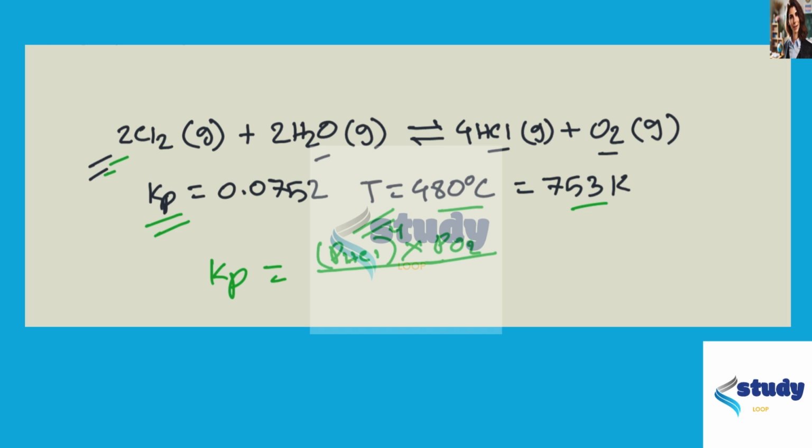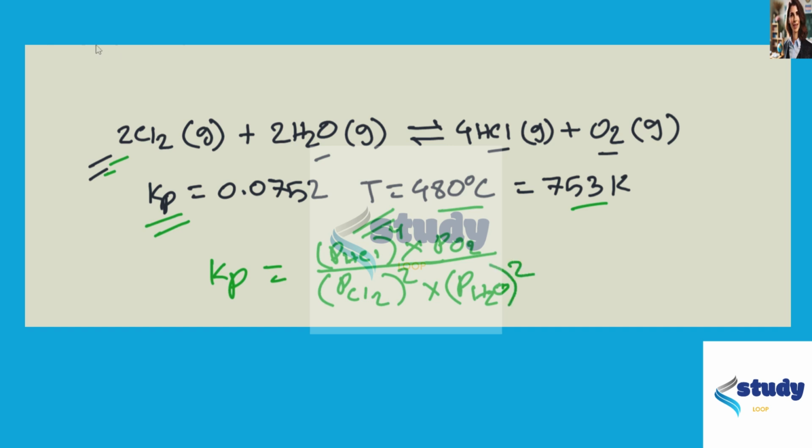On the reactant side we have 2 chlorine, that means PCl2 raised to power 2, times the partial pressure of H2O, and we also have 2 H2O, so the power will be raised to 2.